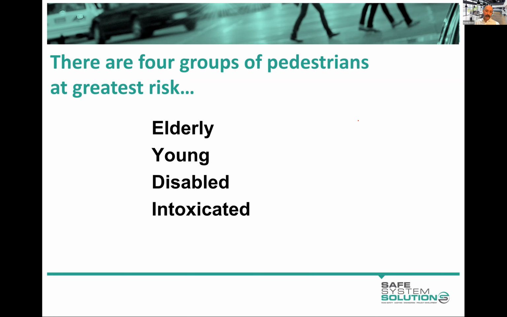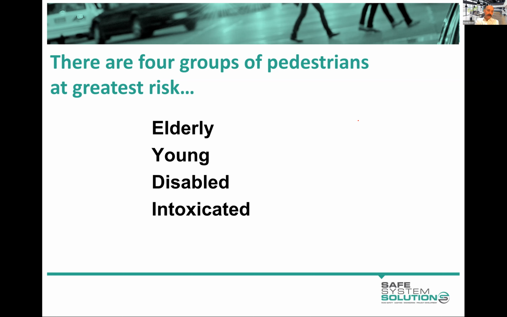They're overrepresented in crash data, but at an individual level, they are also at greater risk because of slower cognitive processing ability, and also they're more frail. So when what could be a minor incident happens, it can be a serious injury.